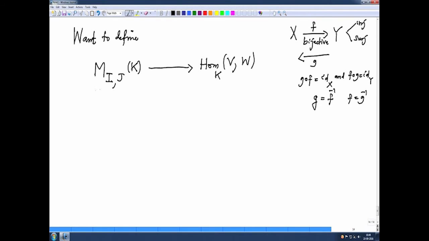So, what will I call this map? If a matrix is A, I am going to denote matrices by Gothic letters. So A is A_ij.